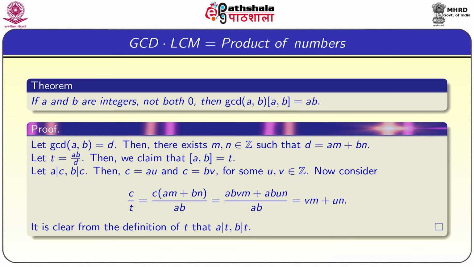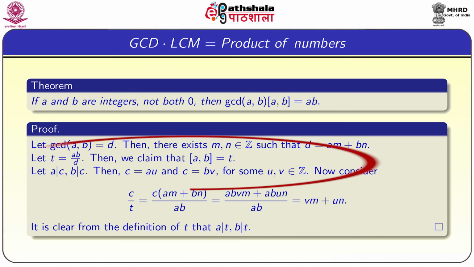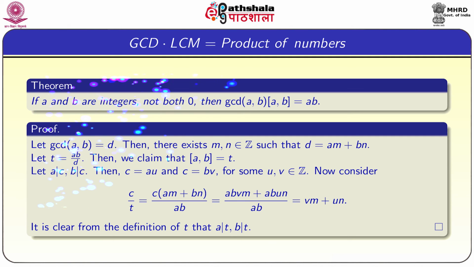So, let us assume GCD of A comma B equal to D, then by Bézout's identity there exist M comma N belonging to Z such that D is equal to AM plus BN. Let T be equal to AB by D. In order to prove that result we need to show that LCM of A comma B is equal to T. So, we will proceed like this.